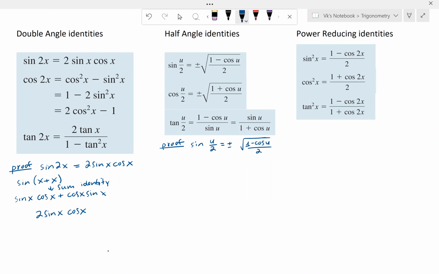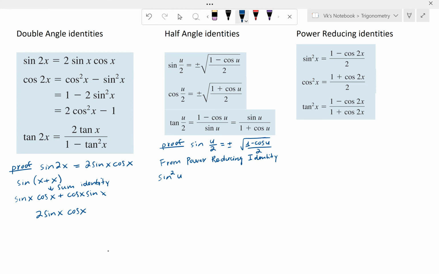Well, one of the best ways to do this is that we're going to borrow the power reducing identity and work out the sine square u from there. From the power reducing identity. Oh, we should have proved that one first.